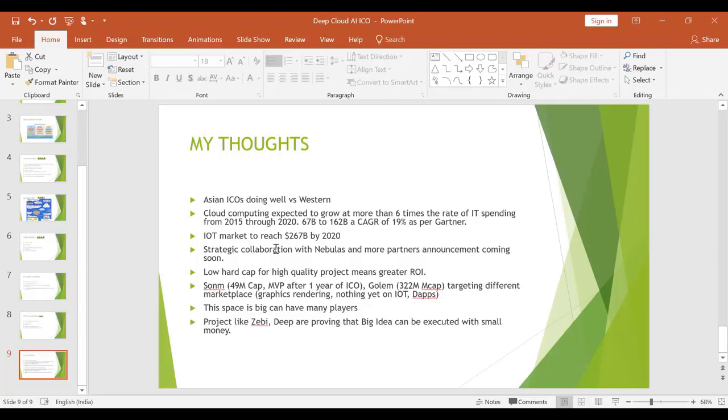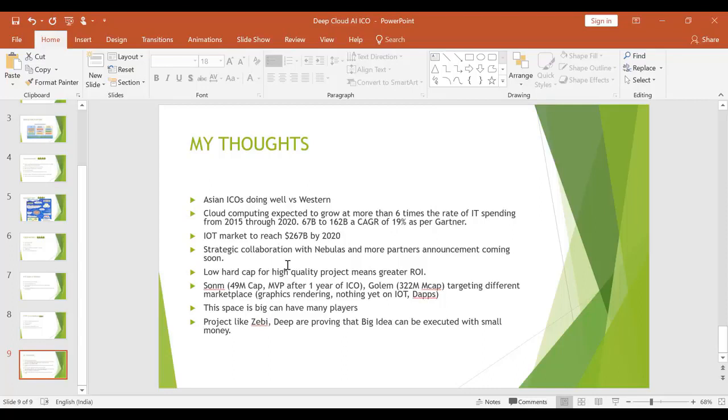It is expected to be a $162 billion market, growing at 19% CAGR as per the Gartner report. So this is again a big space to tap. And the IoT marketplace is also increasing at a faster pace, and by 2020 it will be 267 billion. So they are targeting the IoT and DApp space.